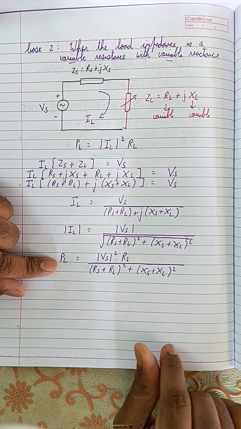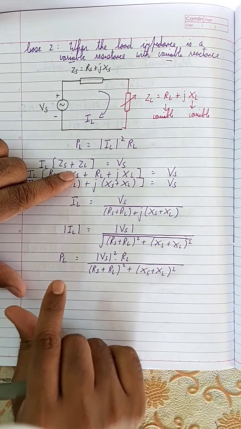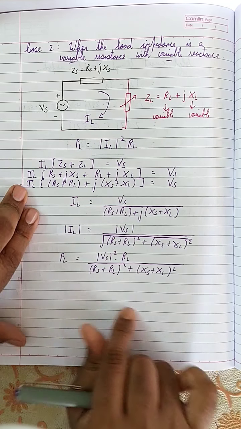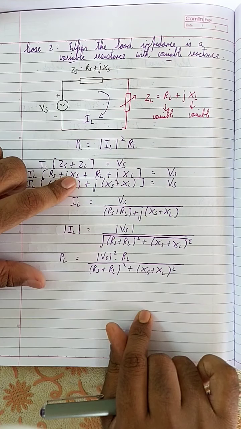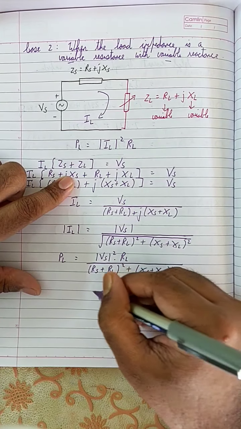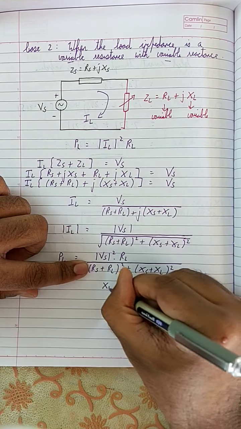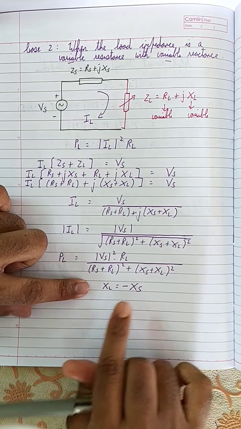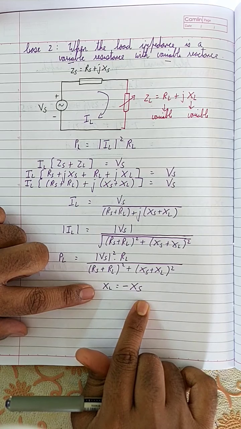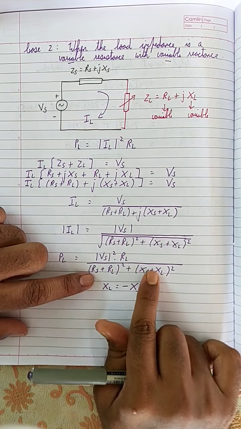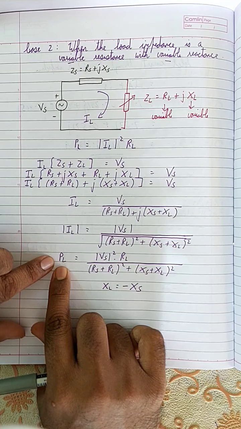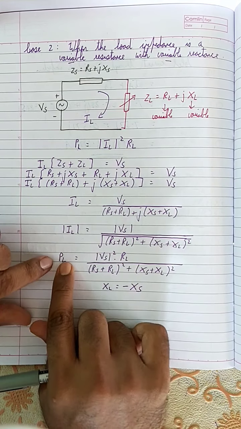So in order to get maximum power, you have to reduce the value of the denominator. To reduce the value of the denominator, I'm going to put XL is equal to minus XS, because if I do that, then the denominator will become small. If the denominator becomes smaller, then this power will increase, right? The value of the power will increase.